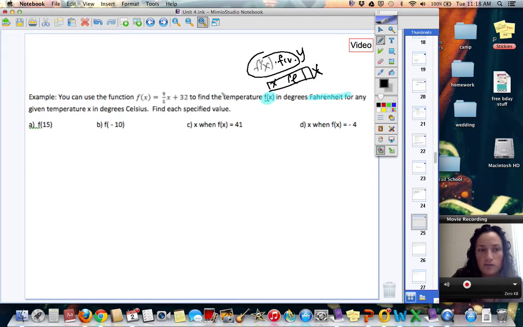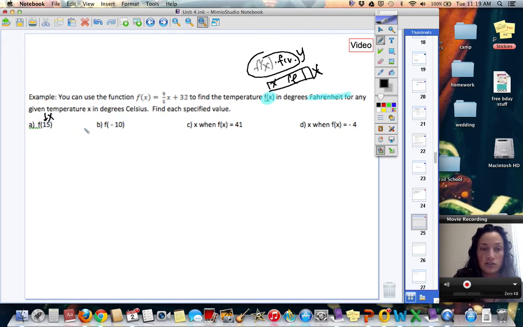Our first one I'll do in black. f of 15. This is saying, what is the temperature if my temperature is 15 degrees Celsius? Because remember, since it's inside, it's an x value, and x is Celsius.